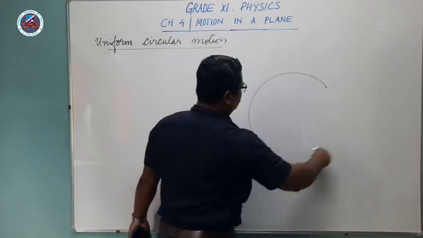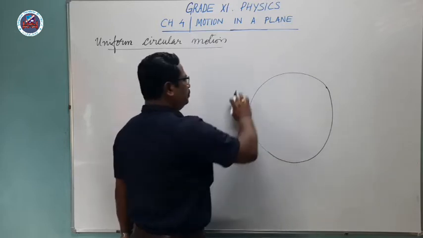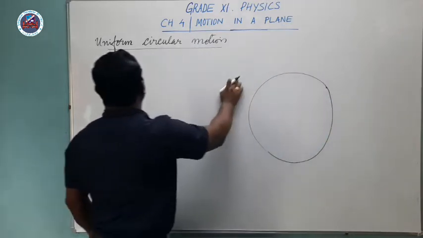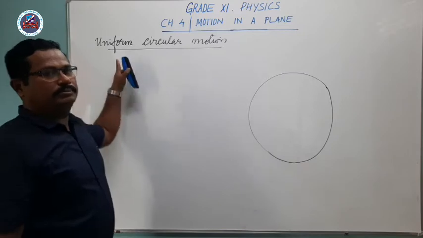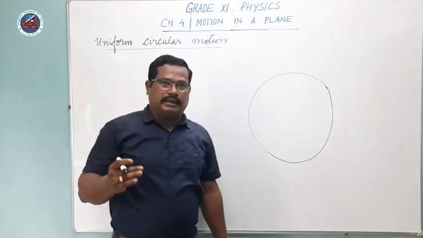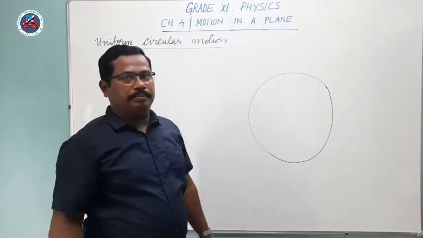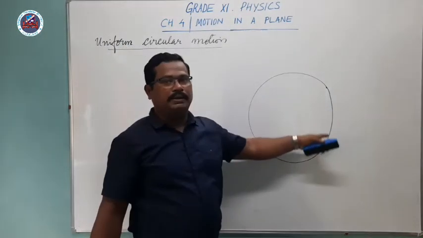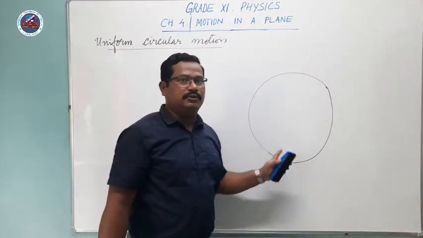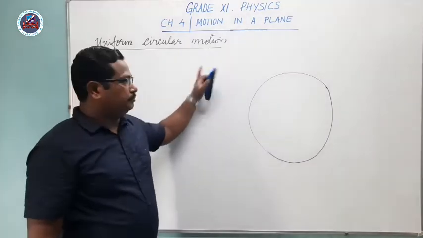The body is traveling in a circular path. But when the word uniform comes in, if a body covers equal distances in equal intervals of time along a circular path, then that body is said to be in uniform circular motion.